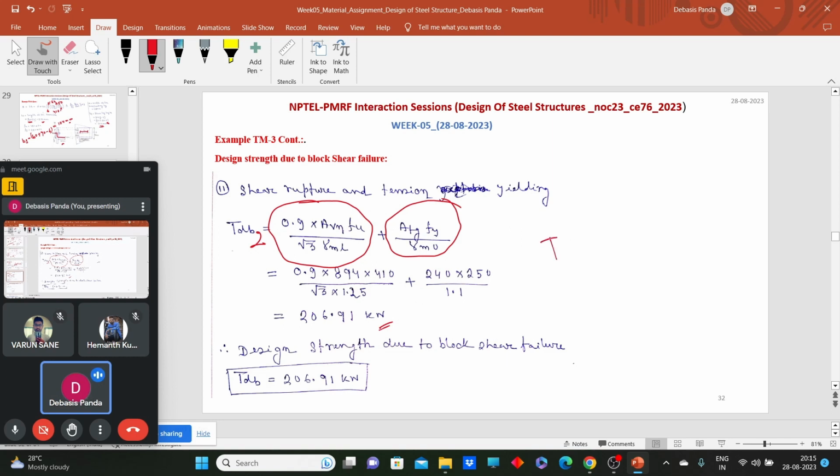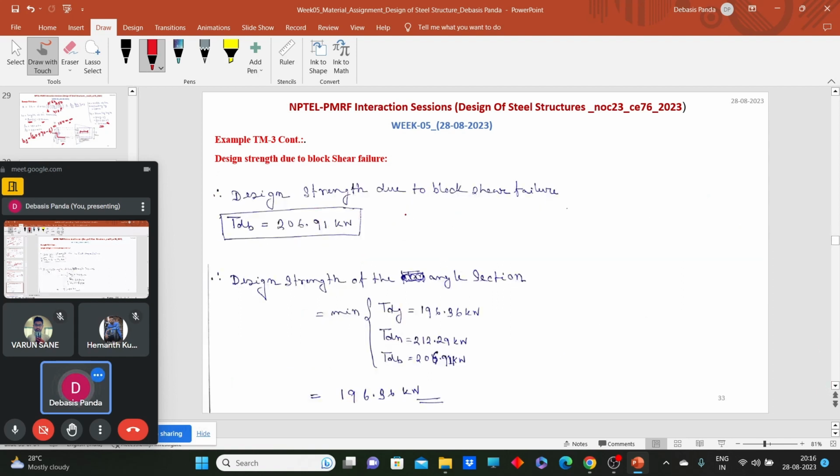So obviously, what will be the TDB value? It will be the minimum of TDB1 and TDB2, so 206 kilonewton. Now we can calculate the design strength of this angle section. The design strength will be the minimum of TDG, the design strength due to yielding of the gross cross section; TDN, which if we plug all values into the rupture formula gives 212.29 kilonewton; and for block shear failure, this comes as 206.91.